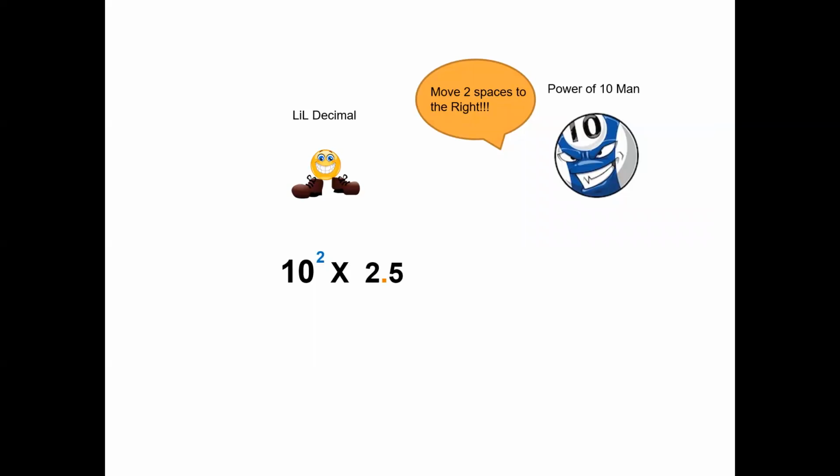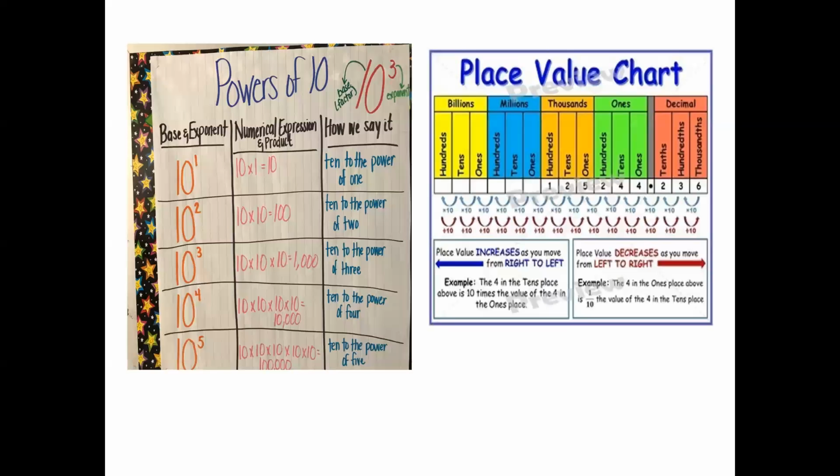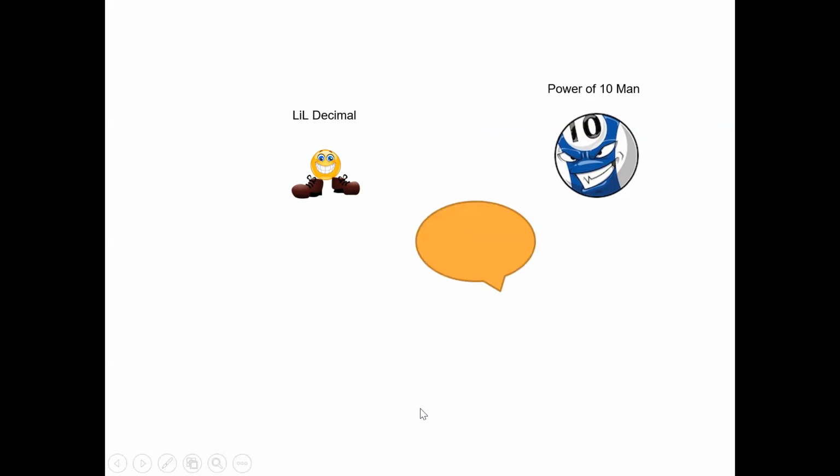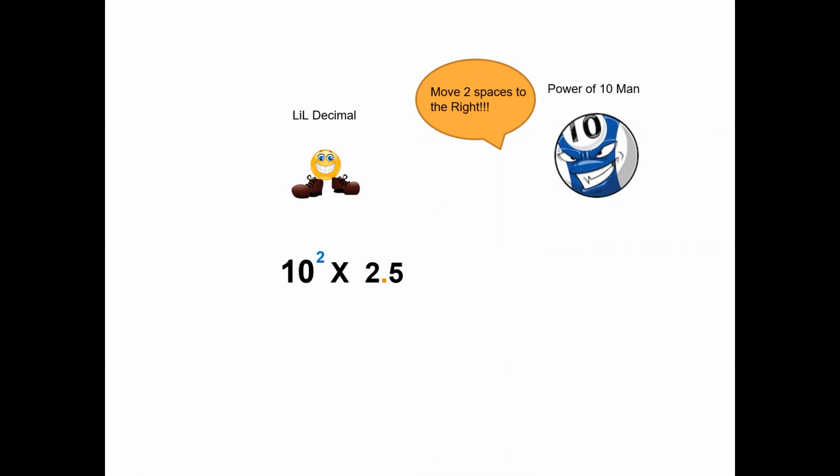So he's telling Little Decimal to move to the right. So that means my place values are going to increase their value by moving to the right, okay? Because again, when you are increasing your place value, that means you're moving to the right on the chart, okay? And we'll talk more about how those relate to each other, as far as Little Decimal moving to the left and the place value moving to the right, in my next slide.